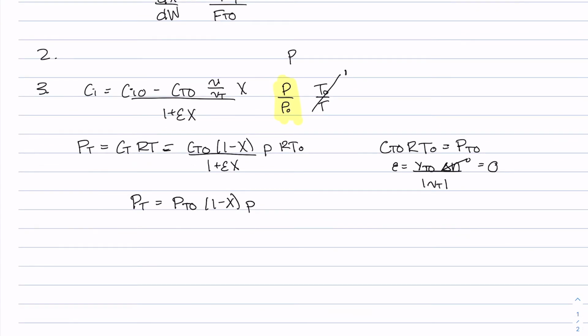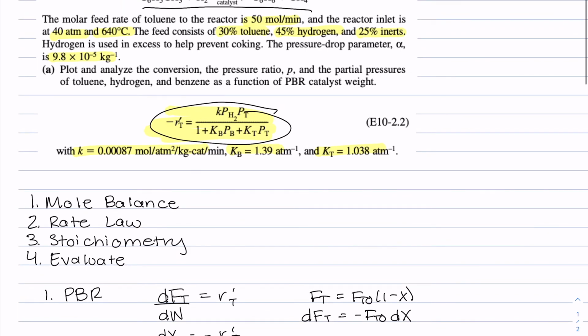Now solving for the pressure of hydrogen, it's going to be the same type of equation, except it's going to use omega of hydrogen right there instead of the 1. Omega of hydrogen is going to be equal to the initial amount of hydrogen over the initial amount of toluene, which we can see right here.